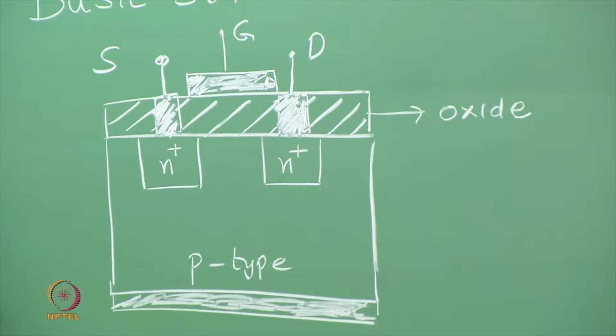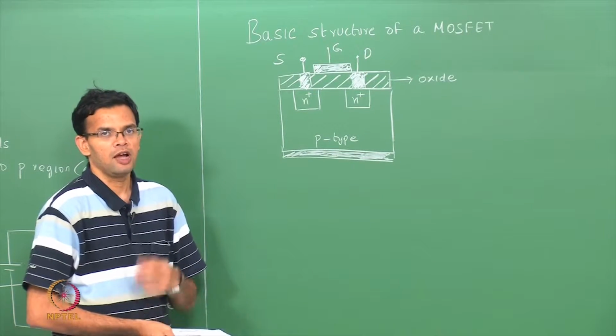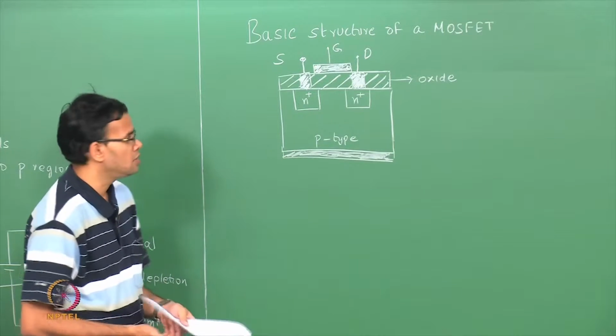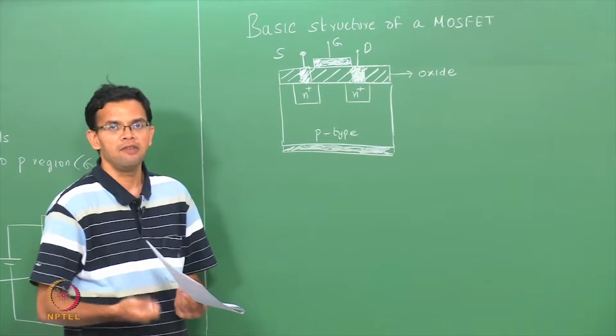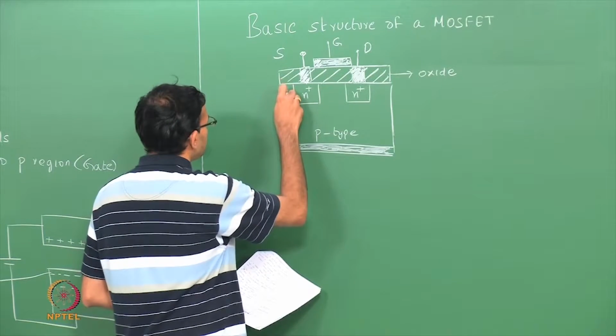So the two N plus regions form a junction with the p type. So you have two p-n junctions. Since N plus is heavily doped, most of the depletion region will be on the p side.